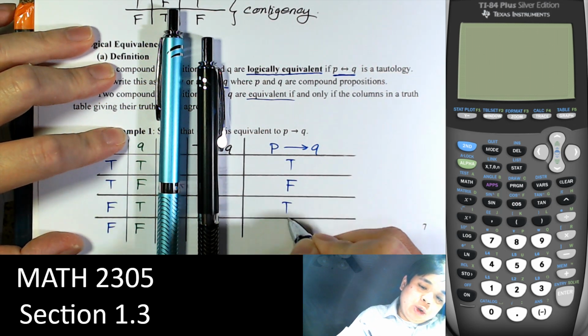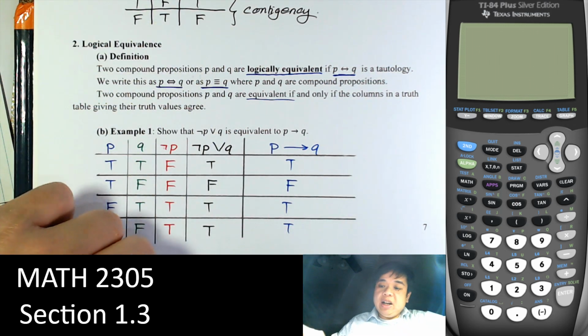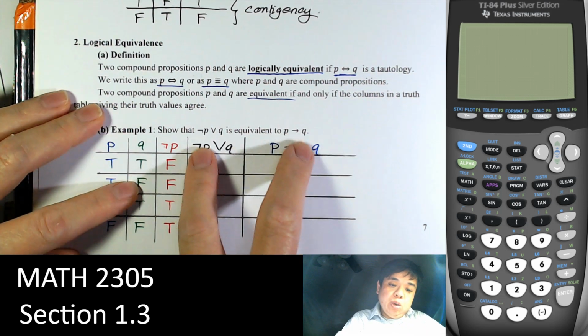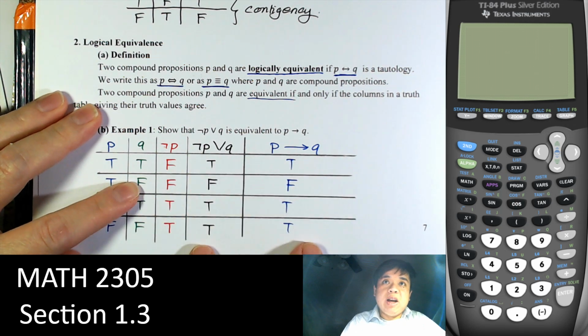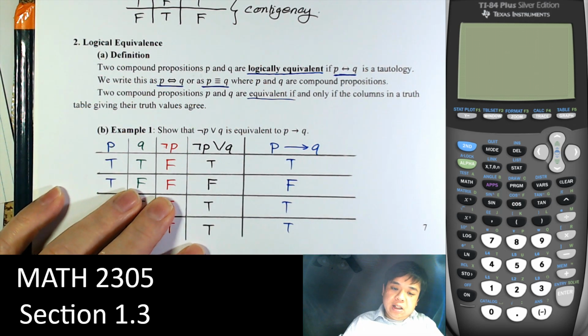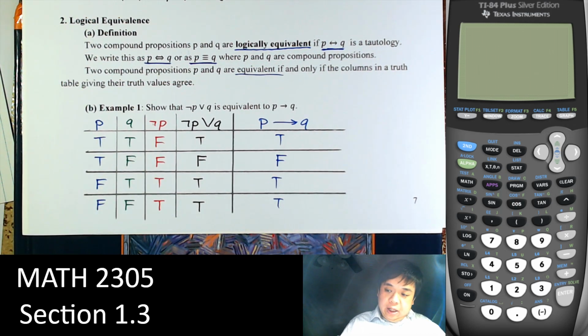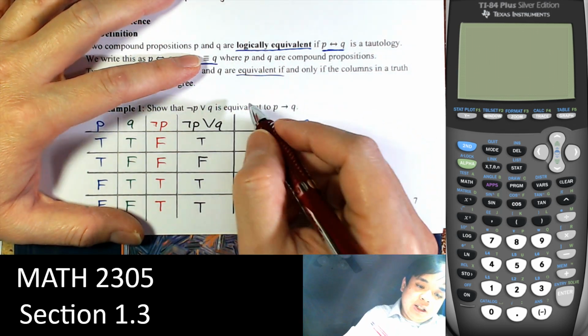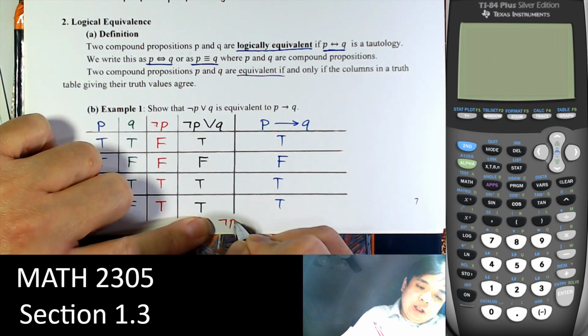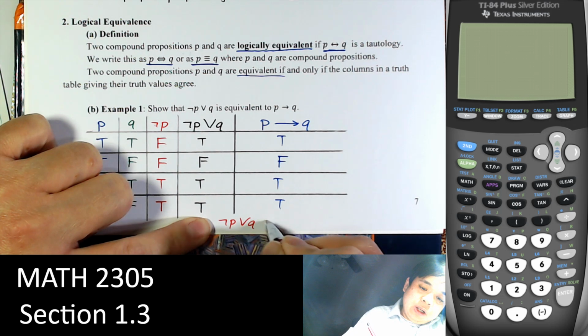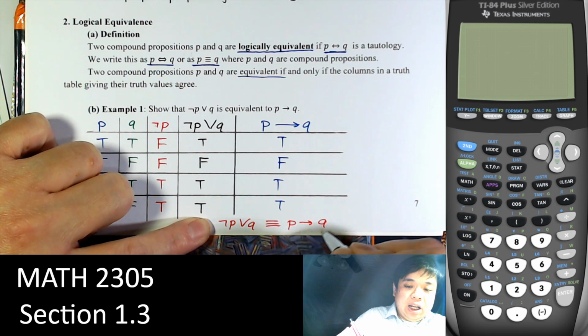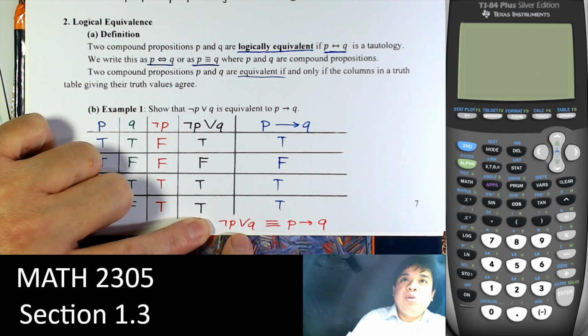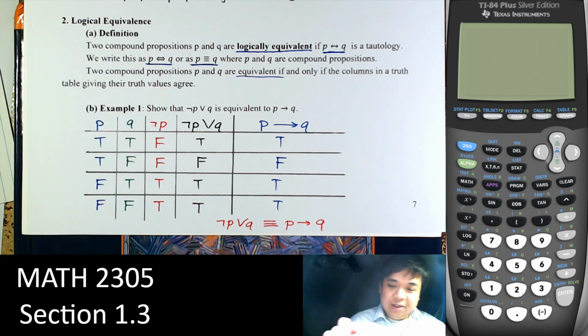Everywhere else is true. After all is said and done, as you see, these two columns match in true and false values. Because of that, the conclusion is that they are equivalent. Or we can write not P or Q is equivalent to P implies Q. So now if we want to write P implies Q, we're just going to use this on the calculator.